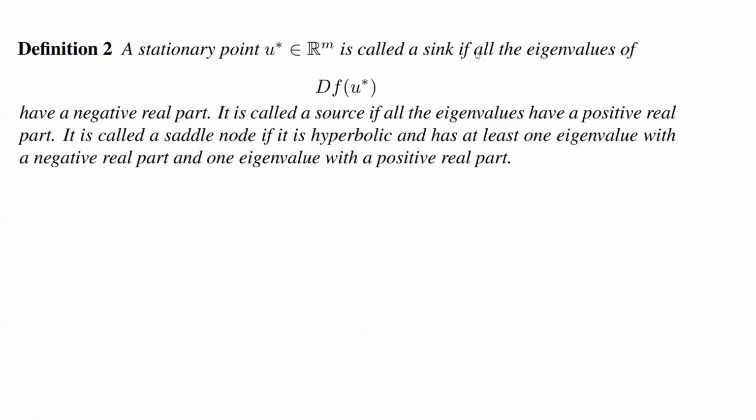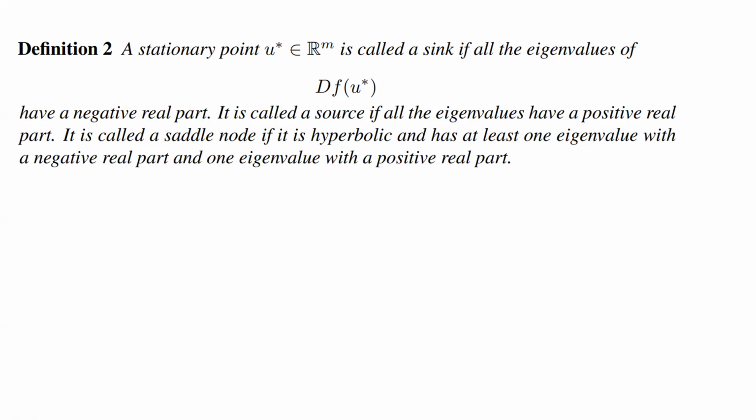And if all the eigenvalues of the Jacobian have a negative real part, it's called a sink, right?